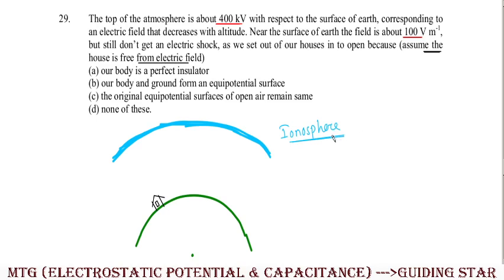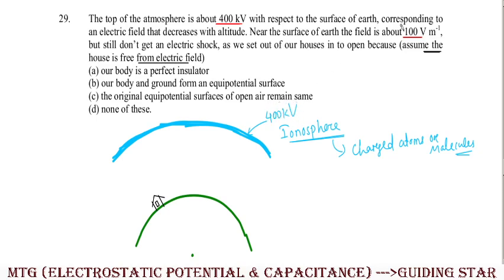This ionosphere generally contains charged atoms or molecules, and the top of the atmosphere is about 400 kilovolt with respect to the surface of Earth. That means this forms an equipotential surface having a potential of 400 kilovolt.